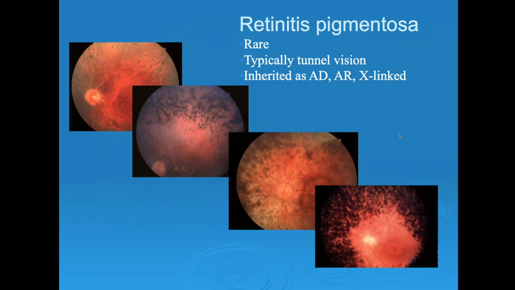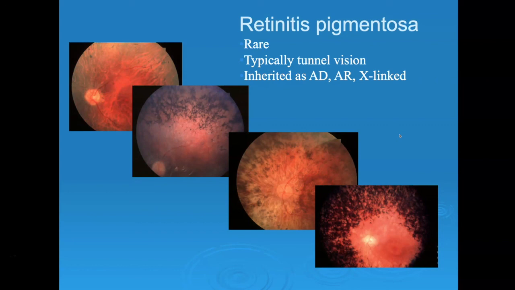An inherited retinal disease is the group of diseases called Retinitis Pigmentosa. Although there are over 120 different types of RP, they're all quite rare. They typically present with visual impairment and tunnel vision and night blindness, and they could be inherited in all sorts of ways as well as being spontaneously inherited.